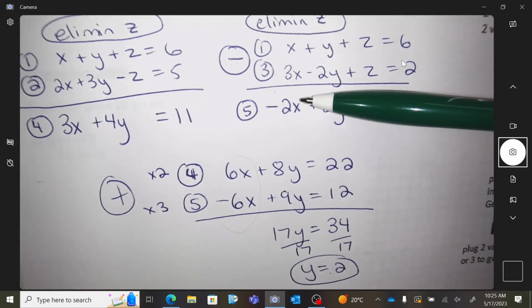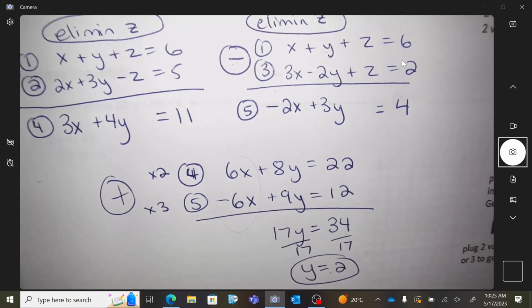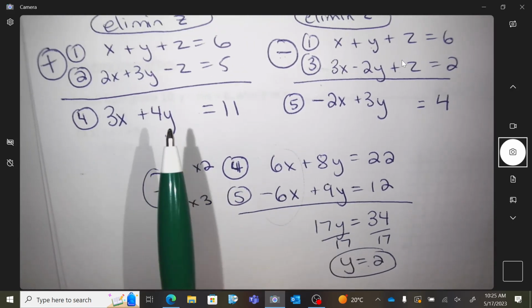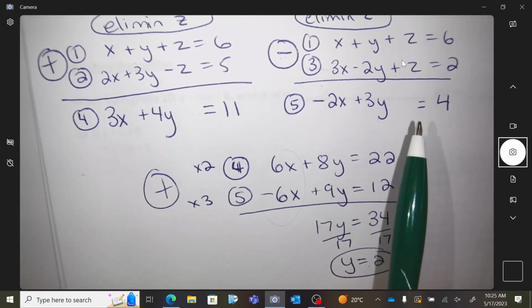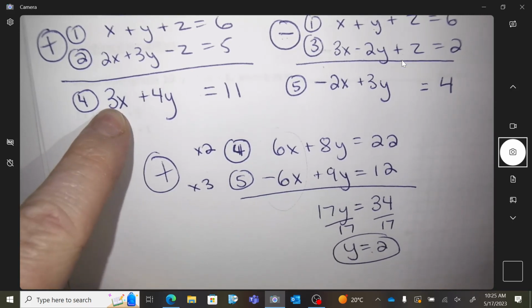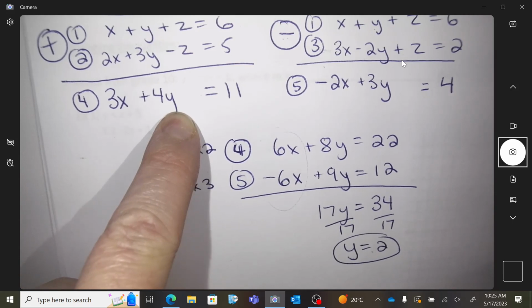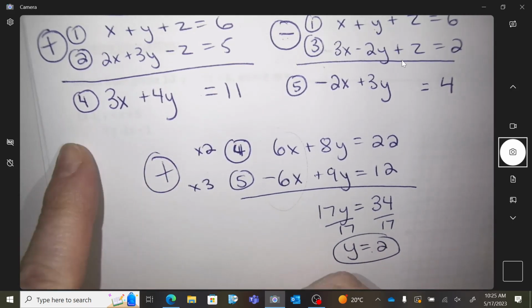The middle steps are 4 or 5. We're going to plug that in. Which one do you want to plug into? You have the option of 4 or the option of 5. Which one looks easier math? 4. So I'm going to go 3x plus 4, replace plug in y, equals 11.